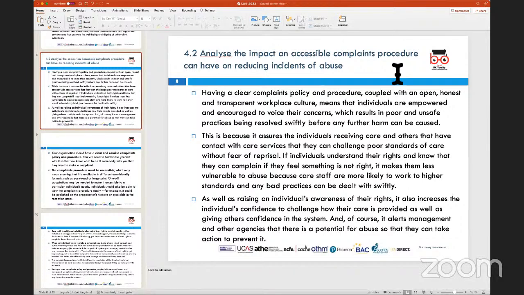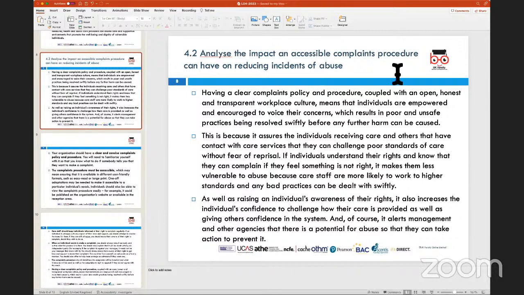Now, complaint procedures are also required because it's a legal requirement. In some places, when you're paying for services, it can be a legal requirement to have a complaints policy in place. Some organizations have a complaints and compliments policy, meaning you can also compliment them if they provide service over and above the standards agreed in the service level agreement. But generally, a complaints procedure is a legal requirement because every organization in the care sector needs to have a policy as per government requirements.